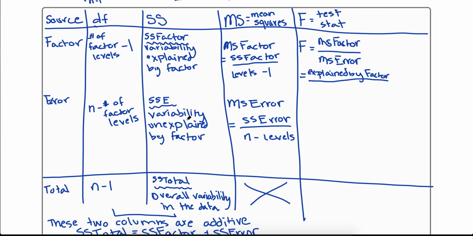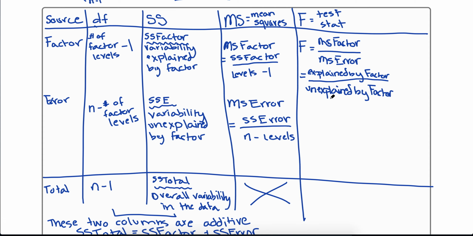So our denominator is this unexplained random variability. So unexplained by the factor. So that's our test statistic, this ratio of how much is our factor telling us versus how much is random.